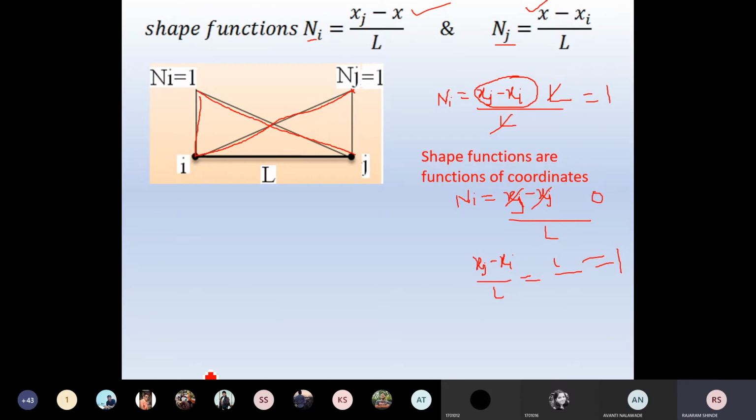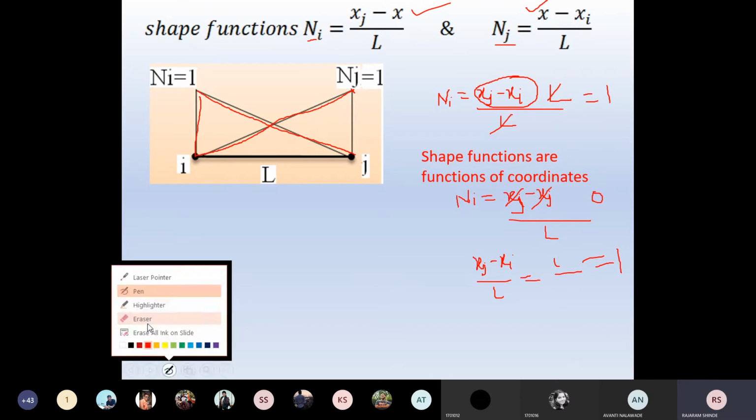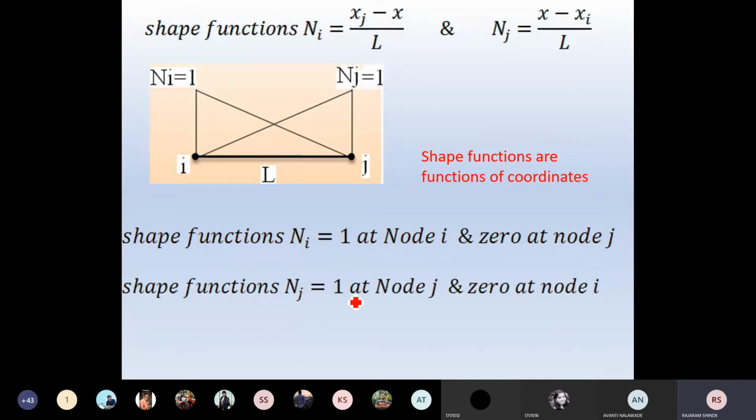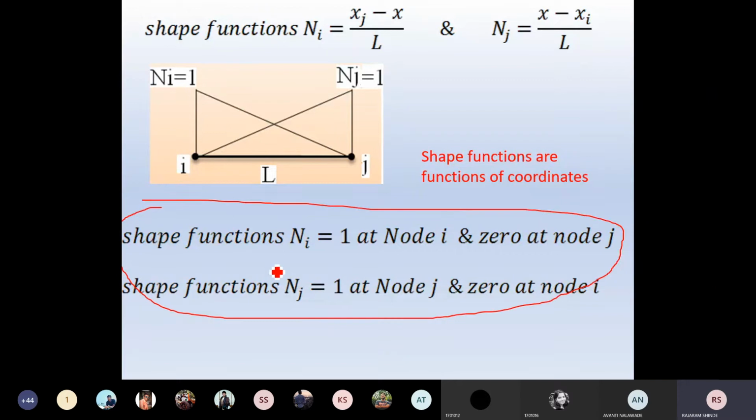These properties are very important. You see this one: shape function Ni is equal to 1 at node I and 0 at node j. Shape function Nj is equal to 1 at node j and 0 at node number I. Now what do we conclude from this? That means shape function at its own node is equal to 1 and at other nodes it is equal to 0.